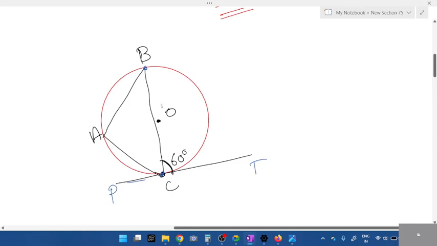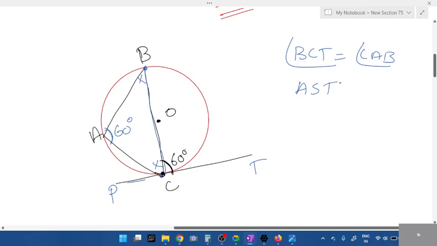So if it is touching chord BC, apart from B and C, what are the other angles we have? Angle A. Therefore, angle BCT is equal to angle CAB. Both are 60 degrees, by using the alternate segment theorem.